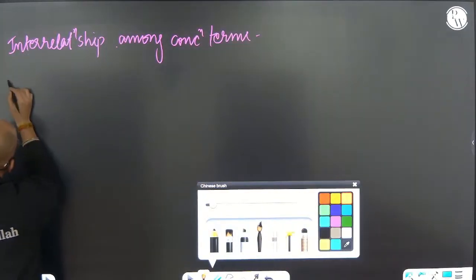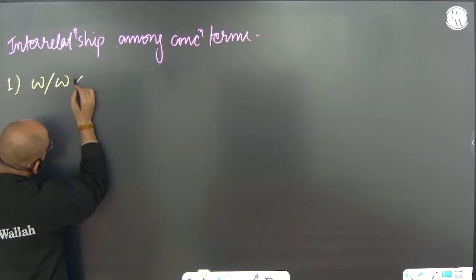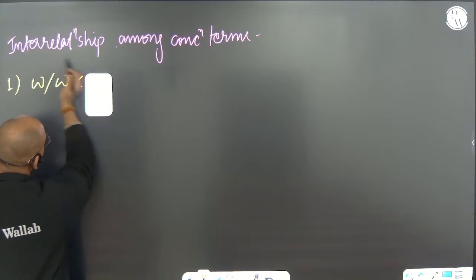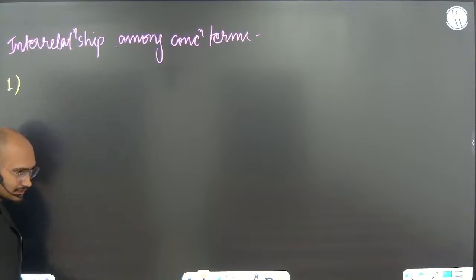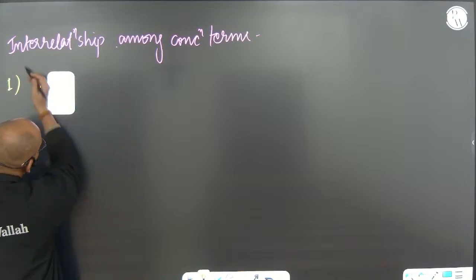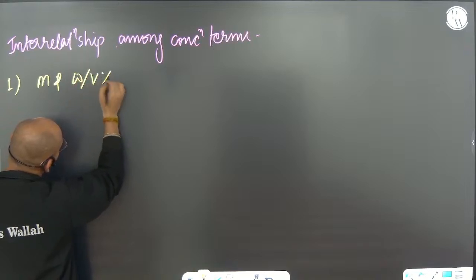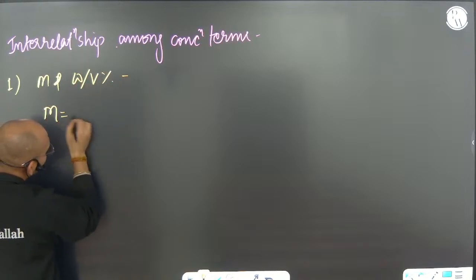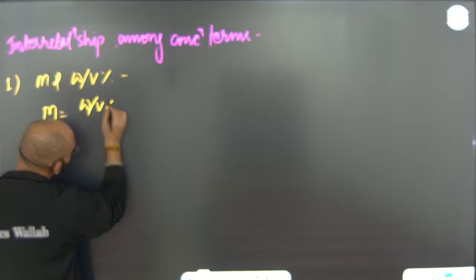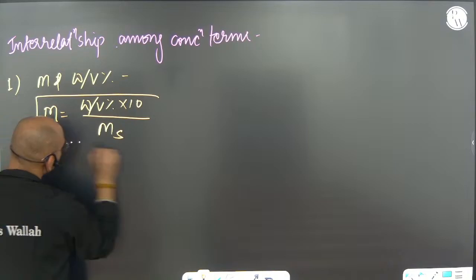The first relation is in terms of molarity and mass by volume percentage. Molarity equals mass by volume percentage into 10 divided by molar mass of the solute. What is second?